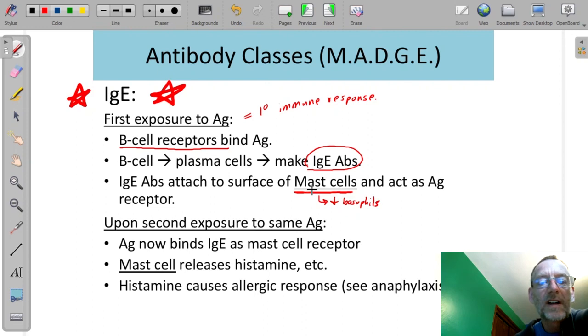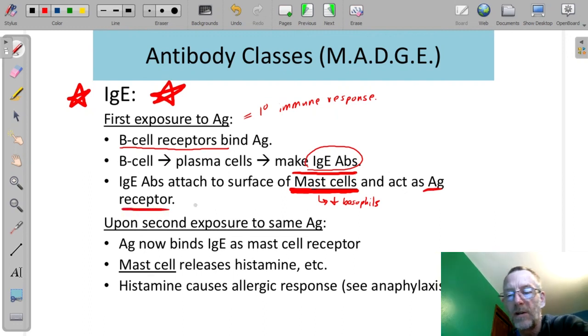But we'll just emphasize the mast cells for right now. So they're stuck on the surface of the mast cell and then they act as an antigen receptor. No problem, nothing's going on. We've just made IgEs to a particular antigen and those antibodies are now stuck to the surface of the mast cell.